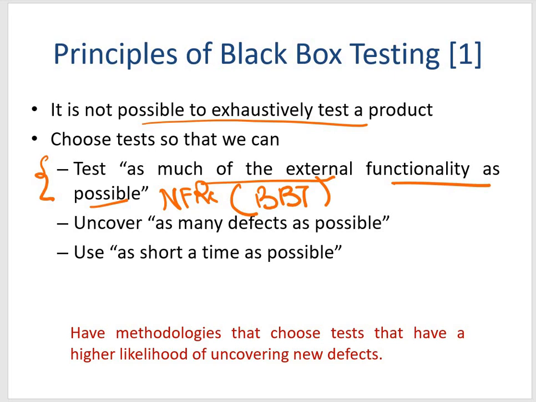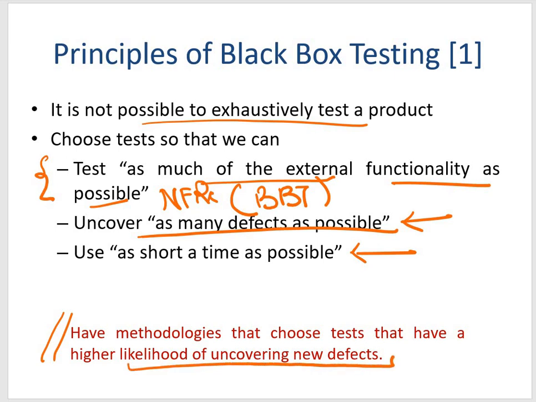Basically black box is a bigger umbrella, and the idea is to uncover as many defects as possible, and if possible use as short a time as possible. So we have methodologies that choose tests that have a higher likelihood of uncovering new defects. The idea is to come up with a particular methodology where we'll be able to uncover the defects easily.